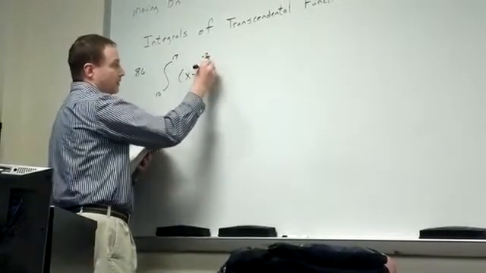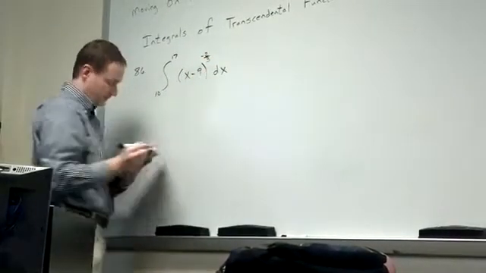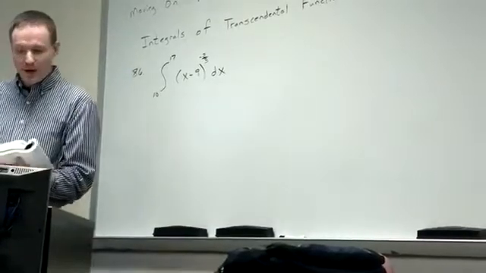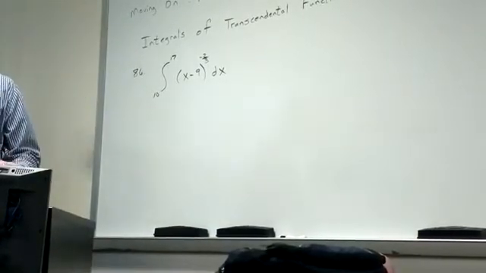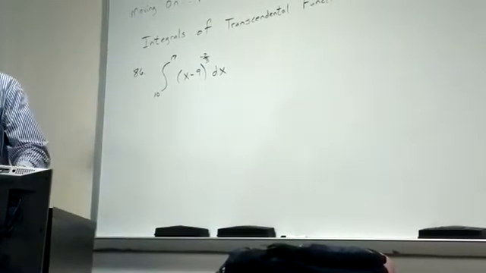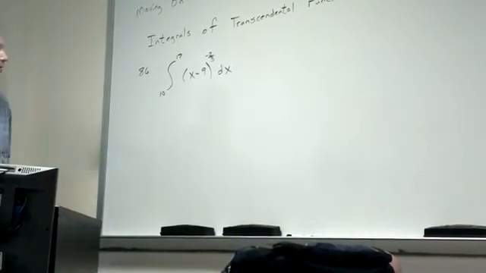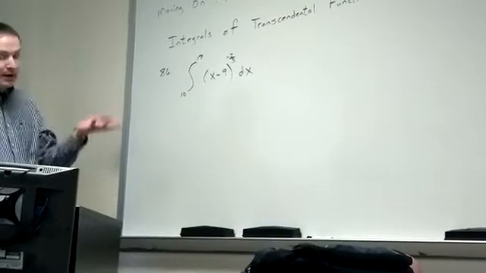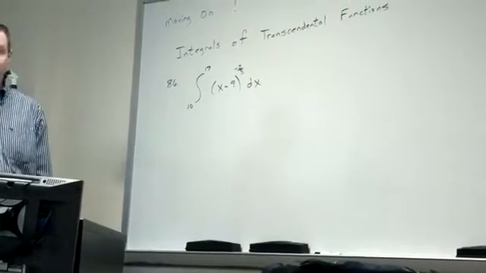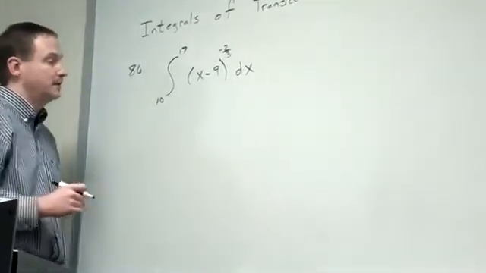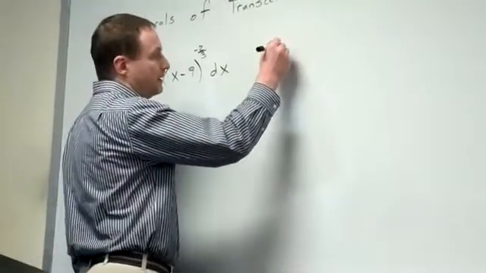dx. This is not a problem in which we would actually be required to use substitution. The reason I'm going to is that's the point of this section. So I'll say, well, okay, I'm going to use substitution and the change of variables formula like they suggest. So I'll say, okay, let u equal what's inside the function.